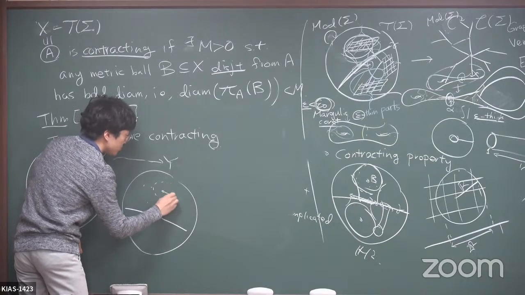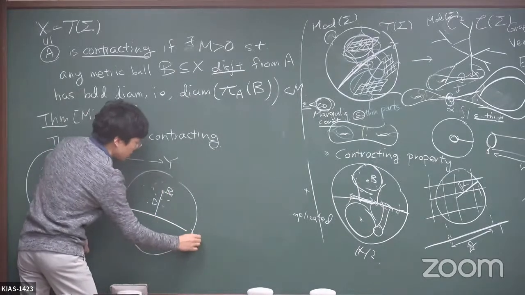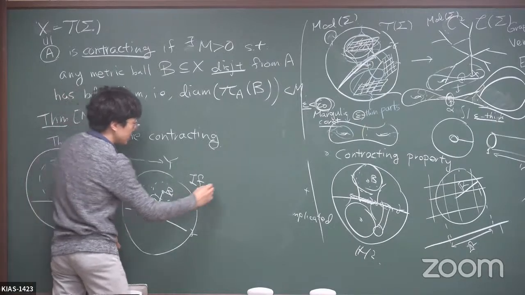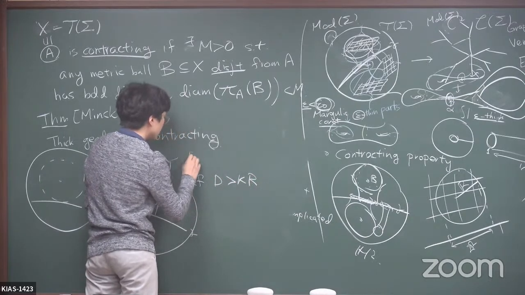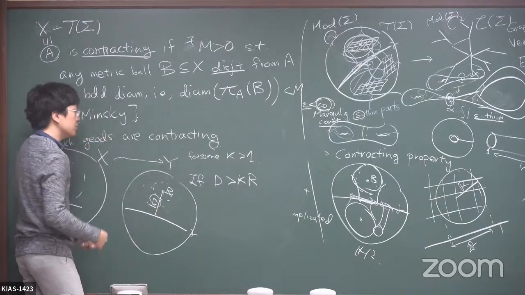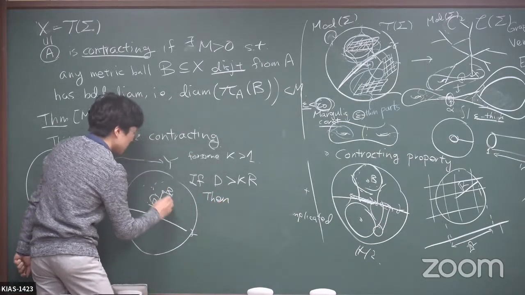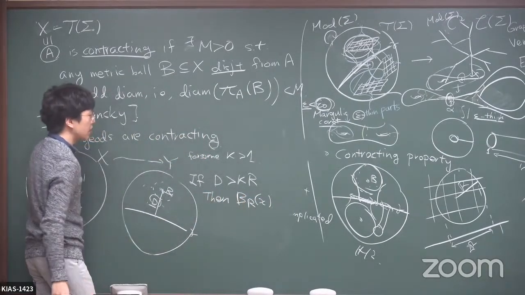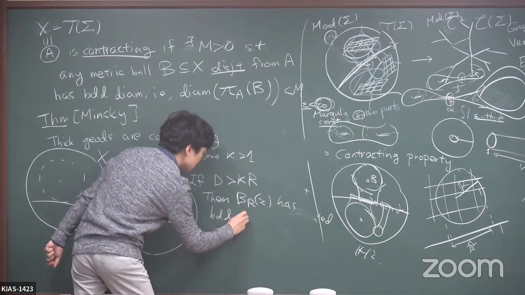You have a ball whose center is away from this gamma by d, and in this space Y, what I expect is, if d is greater than kr, for some k greater than 1, for example if d is more than twice r, then this ball of radius r, centered at x, has bounded shadow.